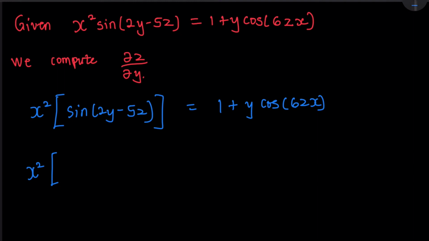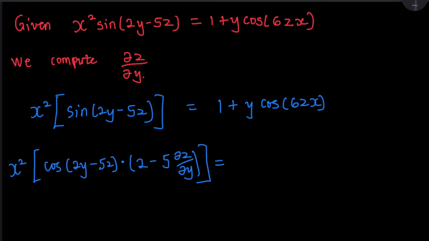When we differentiate sine, we are going to have cosine, so that will be cosine of 2y minus 5z. Then we differentiate what's inside, using the chain rule. When you differentiate 2y with respect to y, we are going to have 2 minus, when you differentiate 5z with respect to y, we are going to have 5 ∂z/∂y.